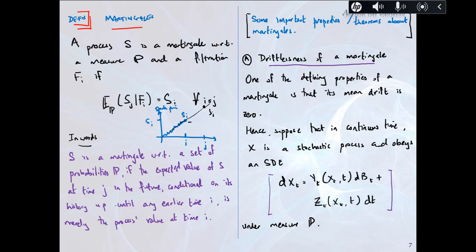But the martingale says that the expectation of Sj given Fi, the set of values up to and including time I, is equal to Si. So Sj can't be here, it should be here, at the same level as Si. This is contradicting the trend that I'm observing.